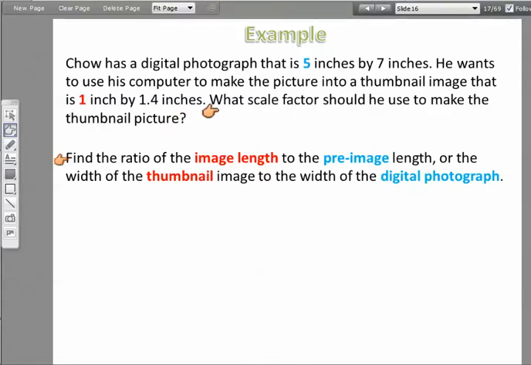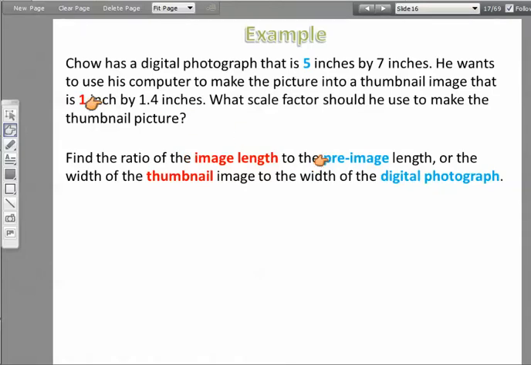Remember, your image is your new one. Your pre-image is the old one. Your old one is 5 by 7. That's your pre-image. Your image is going to be the thumbnail. That's 1 by 1.4 inches.